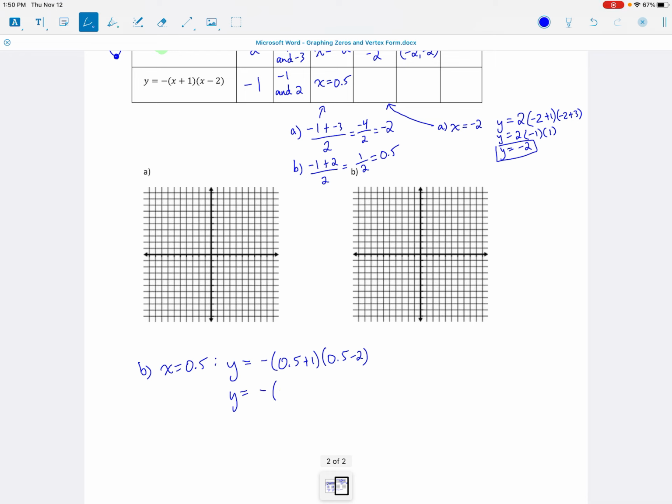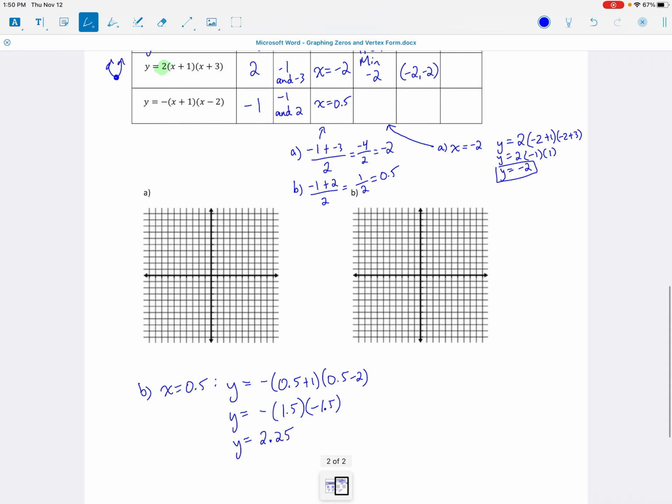So y equals negative, and 0.5 plus 1 is 1.5, and 0.5 minus 2 is negative 1.5. And if you multiply those out, you get positive 2.25. So we hit some kind of maximum or minimum of 2.25. As we said before, it's negative, so therefore it opens down, which means it has a maximum.